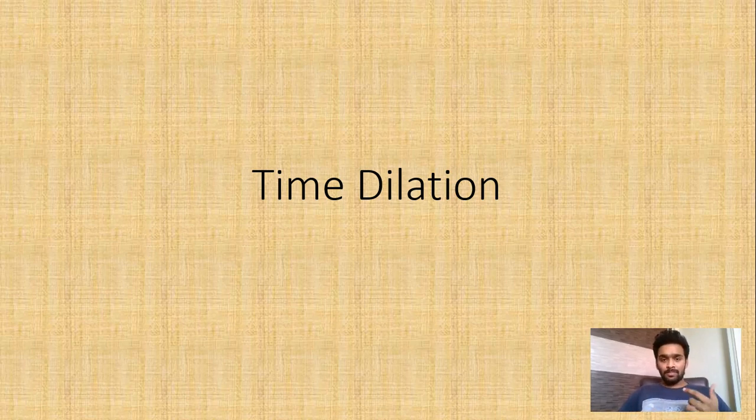You may be thinking how the speed of light and time dilation are connected together. Let me give you a brief idea about this. First of all, we have to take this phrase: the constant speed of light. That means in the universe, the speed of light is constant. Even if you are traveling with a light beam with a velocity v, to an observer outside your frame of reference, the speed of light is not c plus v.